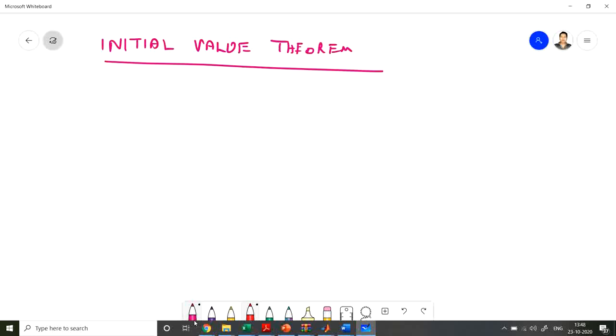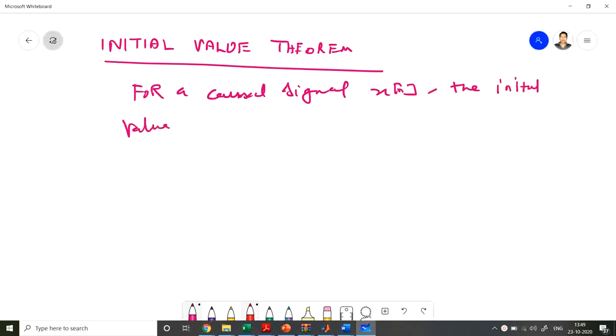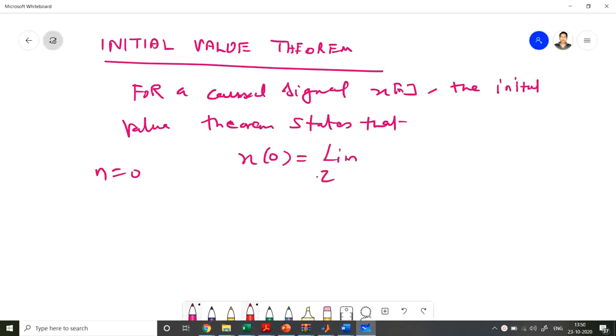According to this property, for a causal signal x(n), the initial value theorem states that x(0), that is the initial value at n equals 0, is equal to the limit z tends to infinity X(z).